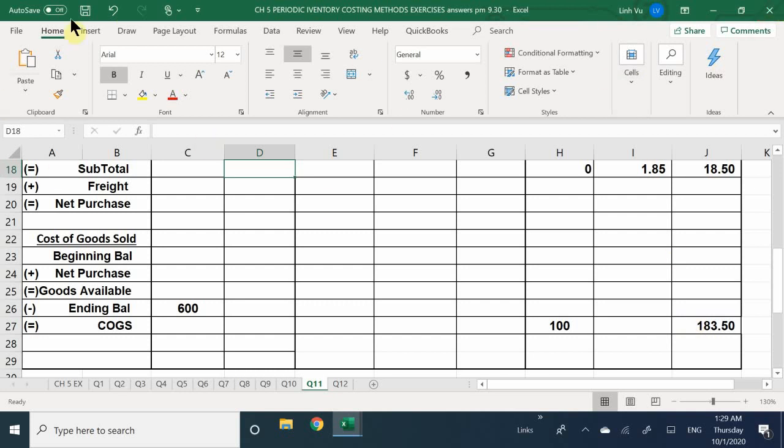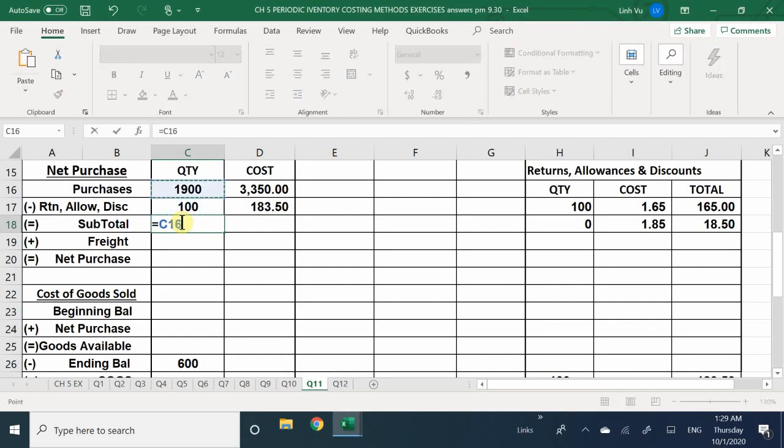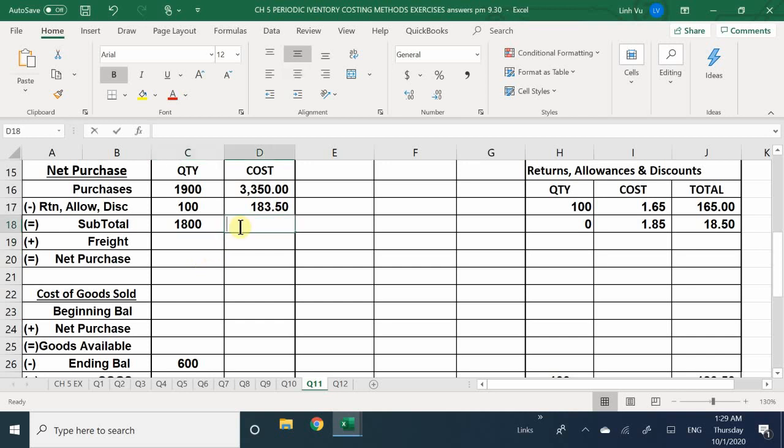Okay, so that is there, and I'm gonna go ahead and update my inventory. So I have a total net purchases of 1,800 now, and the total cost of that is going to be $3,166.50.